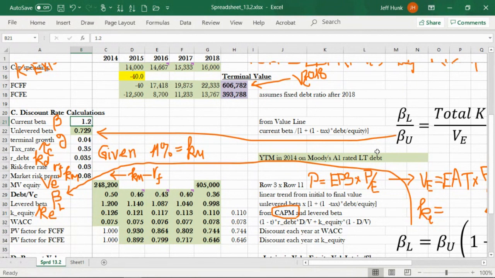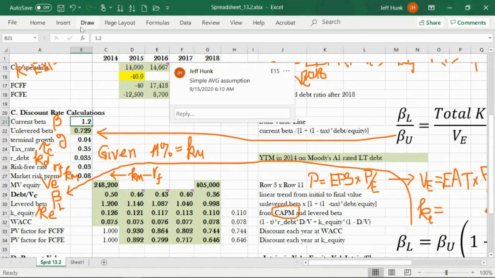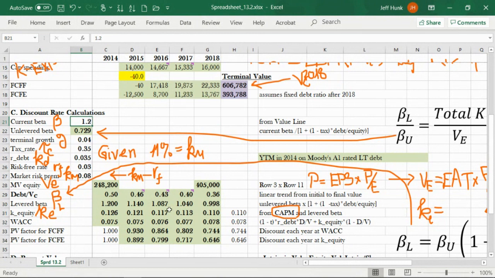Because there will be a change in debt level, and therefore the weighted average cost of capital will have to change as well.